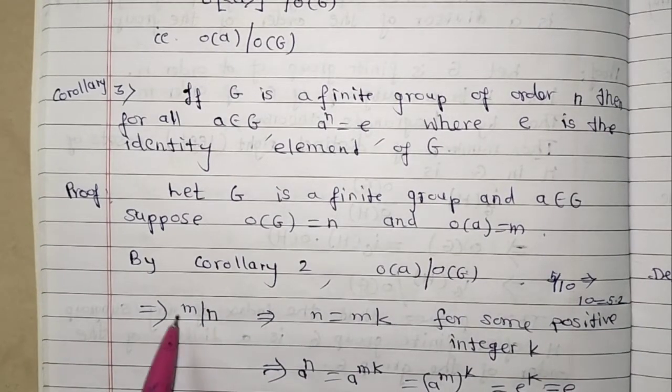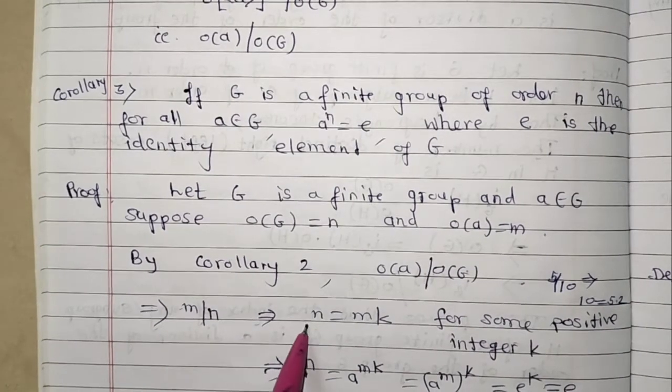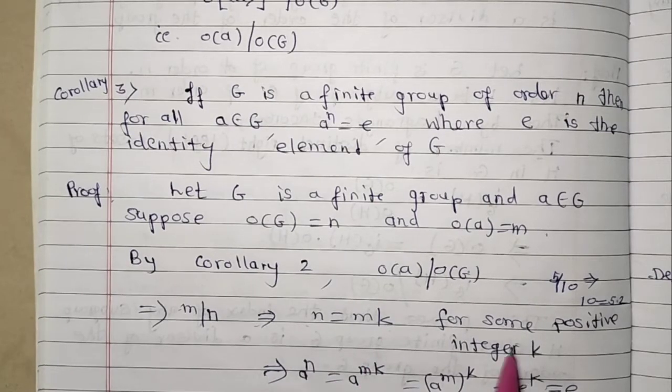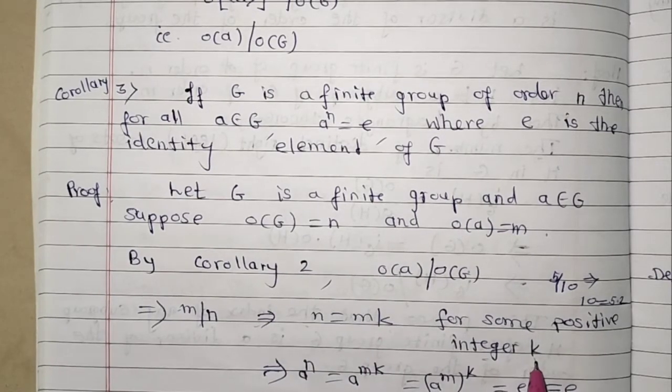So if m divides n, this implies n equals mk for some positive integer k.